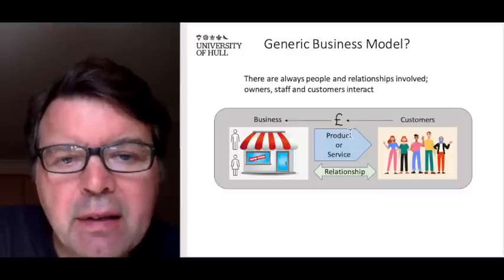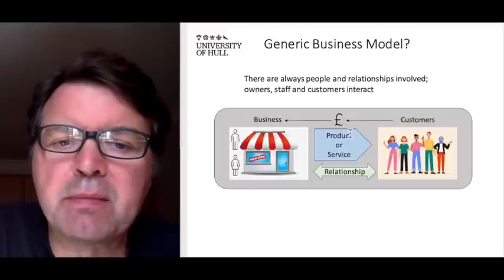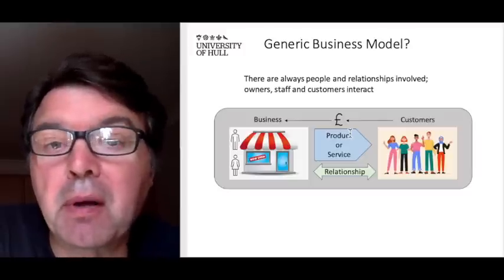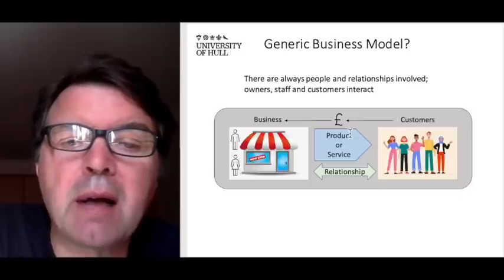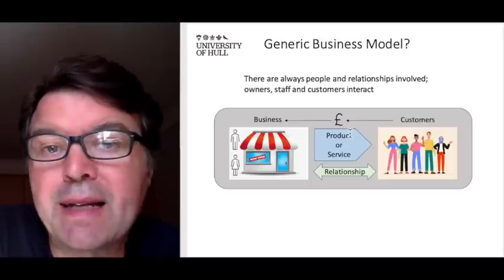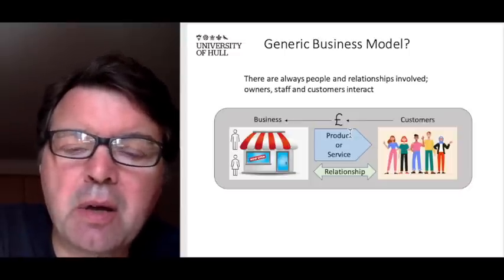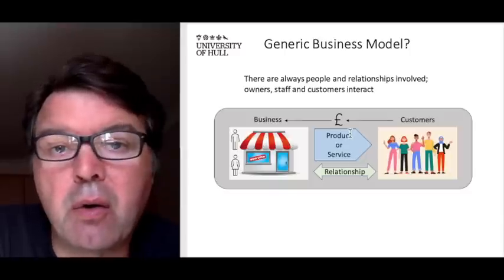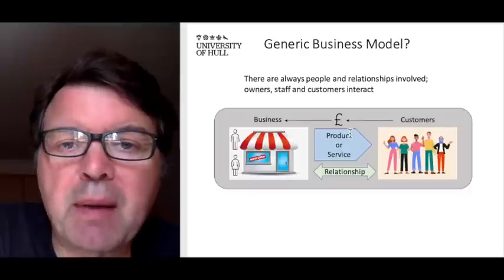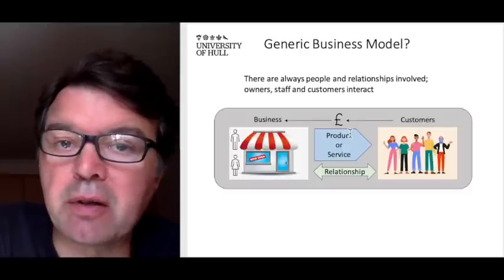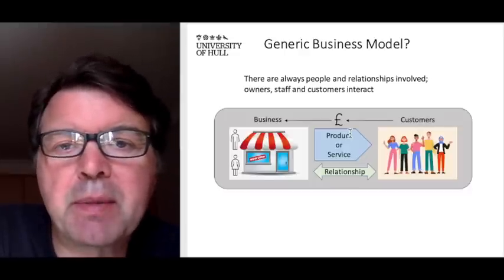Now we can add a little bit to that general business model by including people and relationships. There are always people and relationships involved with any sort of business. So there's going to be an owner or a group of owners. It might be an individual person, or a family, or shareholders. There's always going to be staff.